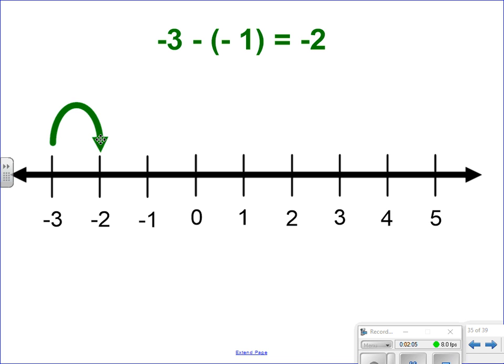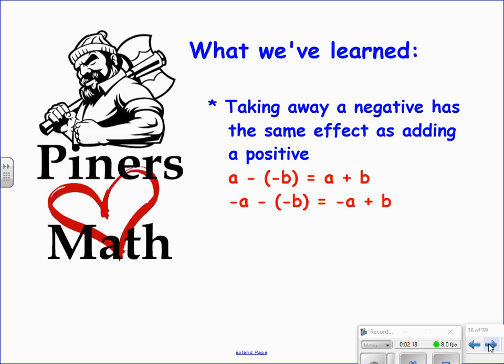Less negative is moving more towards the positive side. So what we've learned is that taking away a negative has the same effect as adding a positive. And both of these are going to move to the right on a number line.